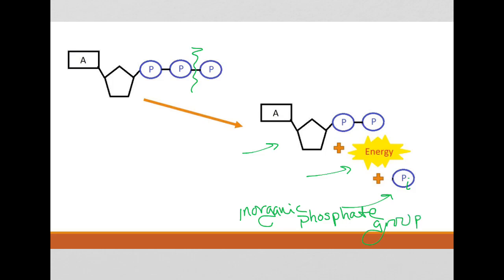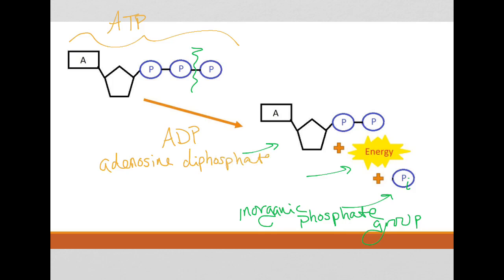Okay, we get energy, and then let's just think, if a molecule with 3 phosphates was adenosine triphosphate, our molecule with 2 phosphates is actually going to be ADP, which stands for adenosine diphosphate. Di here meaning 2, similar to our vocab word from biochemistry, dimer.